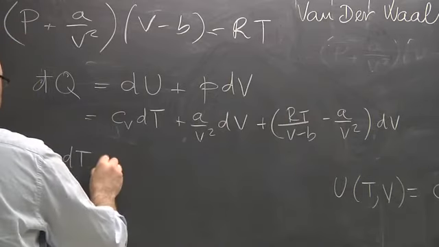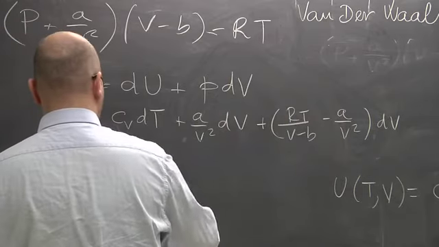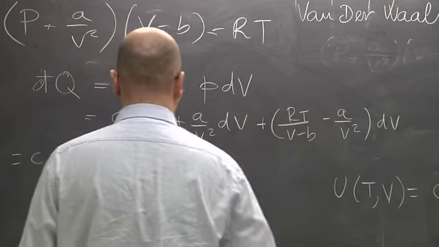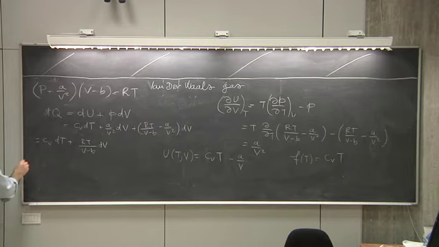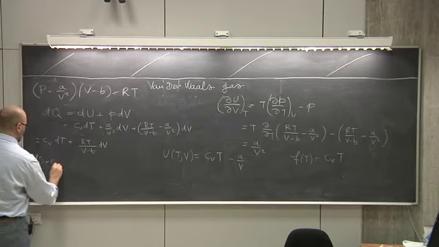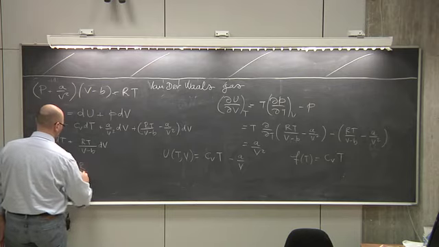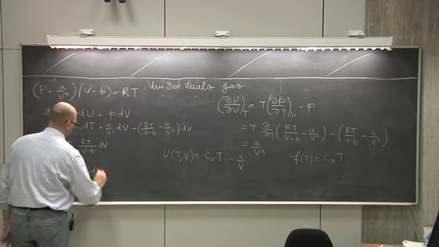So we are left with Cv dT plus RT over V minus B dV. So dS is equal to Cv dT over T plus R divided by V minus B dV.